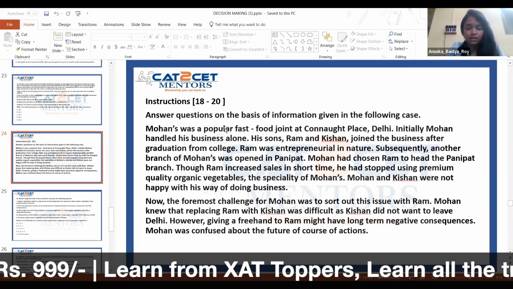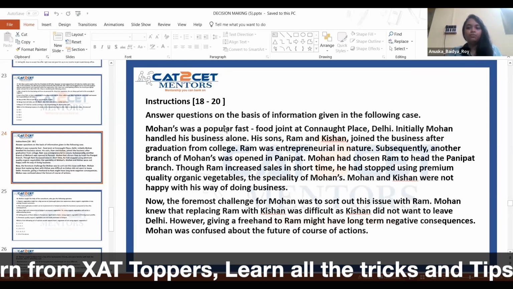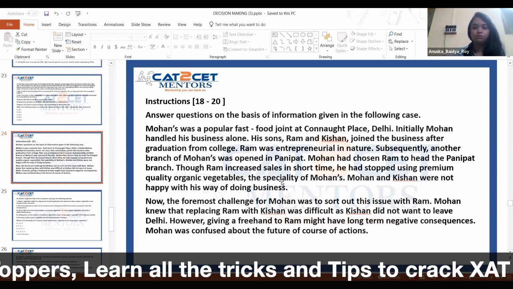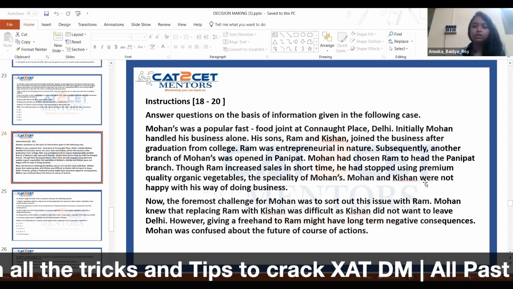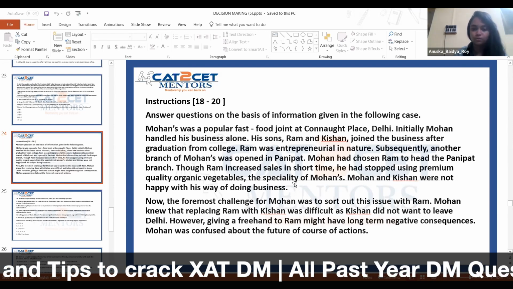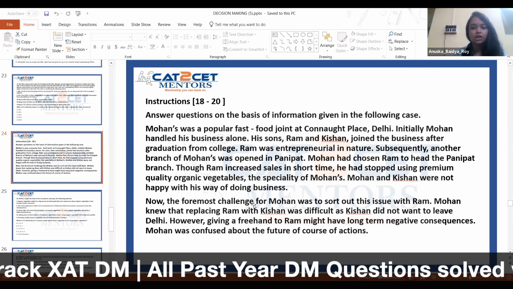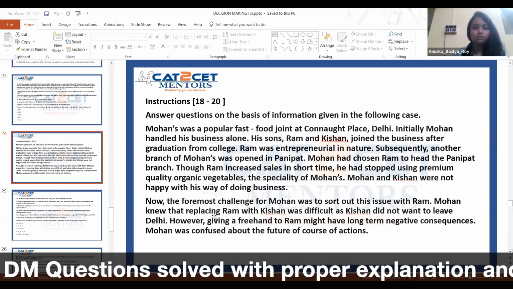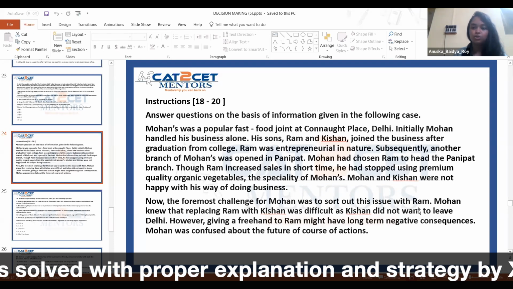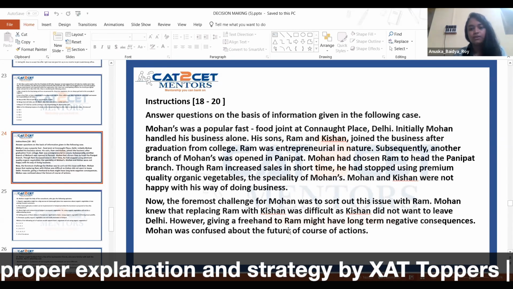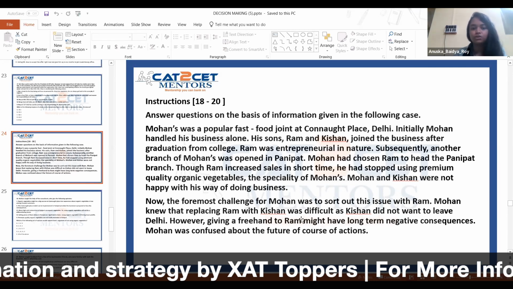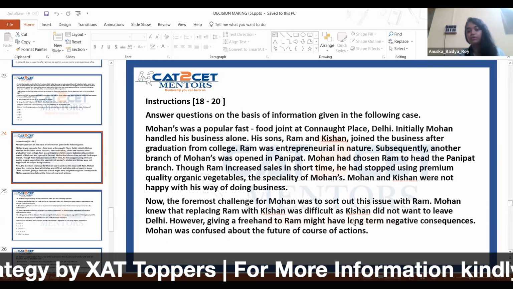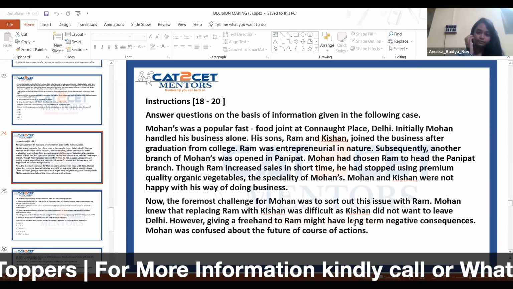Though Ram increased sales in short time, he had stopped using premium quality organic vegetables, a specialty of Mohan's. Now, Mohan and Kishan were not happy with this way of doing business. Now, the foremost challenge for Mohan was to sort out this issue with Ram. Mohan knew that replacing Ram with Kishan is difficult as Kishan did not want to leave Delhi. However, giving a free hand to Ram might have long-term negative consequences. Mohan was confused about his future course of action.